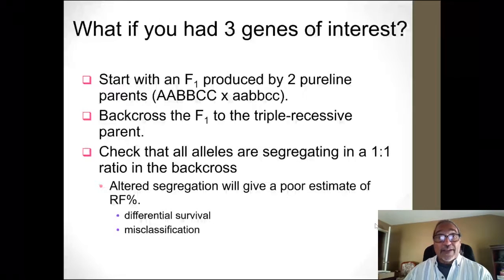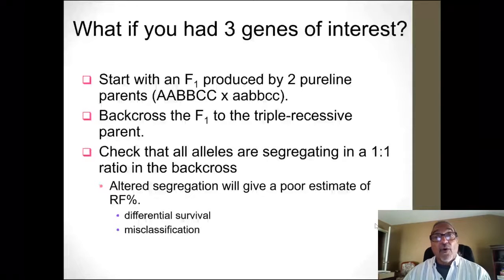Now, what about, instead of comparing 2 genes, what if we compare 3 genes of interest? So in this case, we're going to use 2 individuals homozygous for cap A, B, and C, the other homozygous for small a, small b, small c. We then create a test cross where we take the F1 population, which is completely heterozygous at each locus, and we backcross to the triple recessive parent.